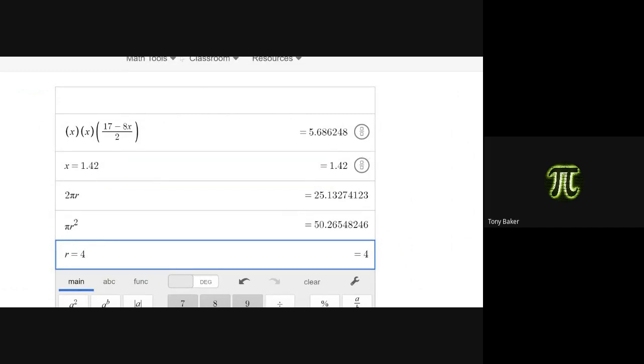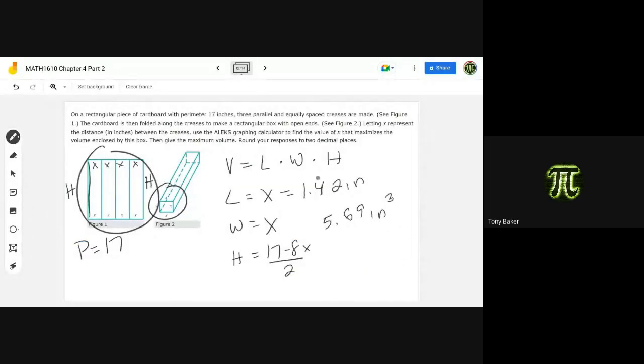So the answer to this question was 1.42 inches. And then my volume was 5.69 cubic inches, because it wanted both.